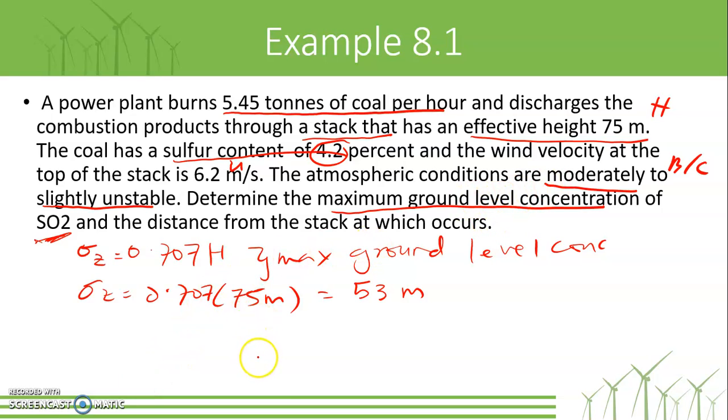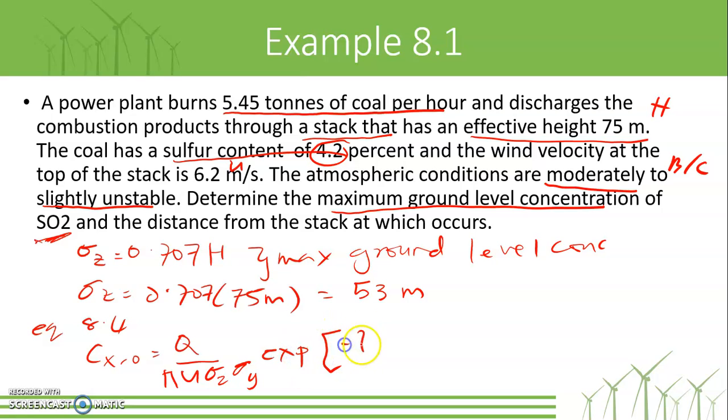Based on equation 8.4 for determining C at ground level, maximum ground level concentration, that's why we use this equation: Q over pi u sigma z sigma y, and then exponential of minus h over sigma z.